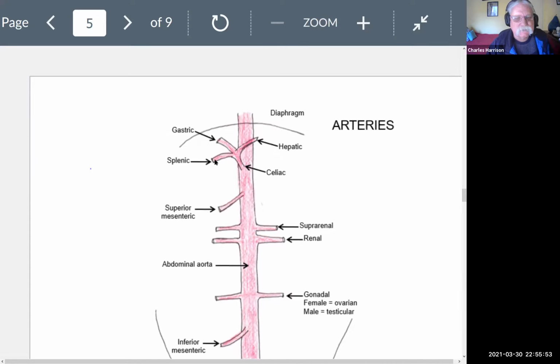One goes to the spleen and is called the splenic artery. And the one that goes to the stomach is called the gastric artery. All 3 of these come together at this point here, the celiac artery, sometimes referred to as the celiac trunk.